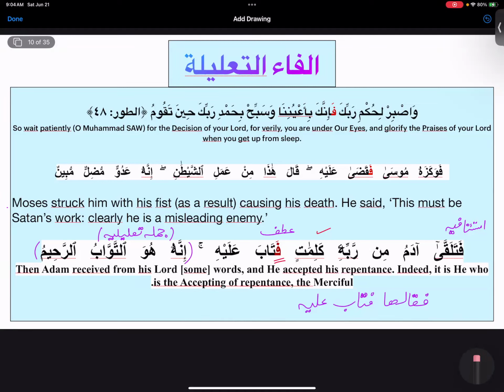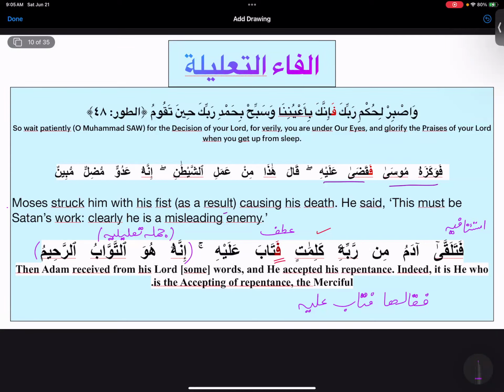No, in Fawakazahu Musa faqada alayhi, so in the book I was reading, it says even in the translation, as a result. So Musa alayhi salam hit someone, Fawakazahu, sorry, Musa, and faqada alayhi.